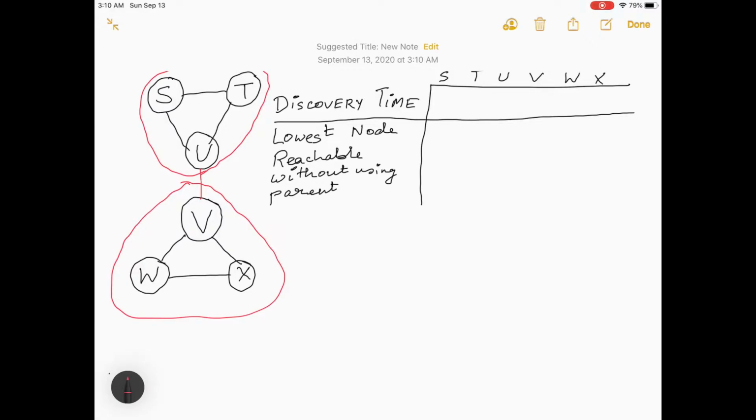So next we will discuss how we can actually find out which edges in a given connected undirected graph are acting as a bridge, and we will do that in the same way as we did in the articulation points video.